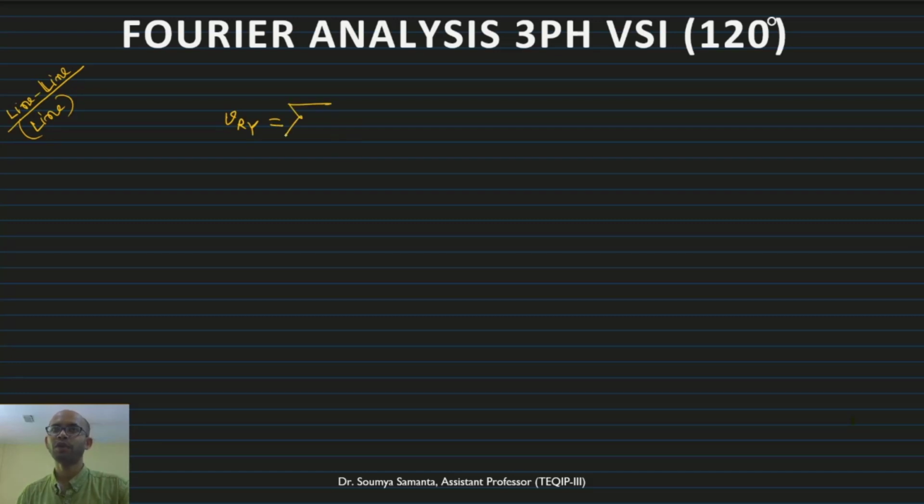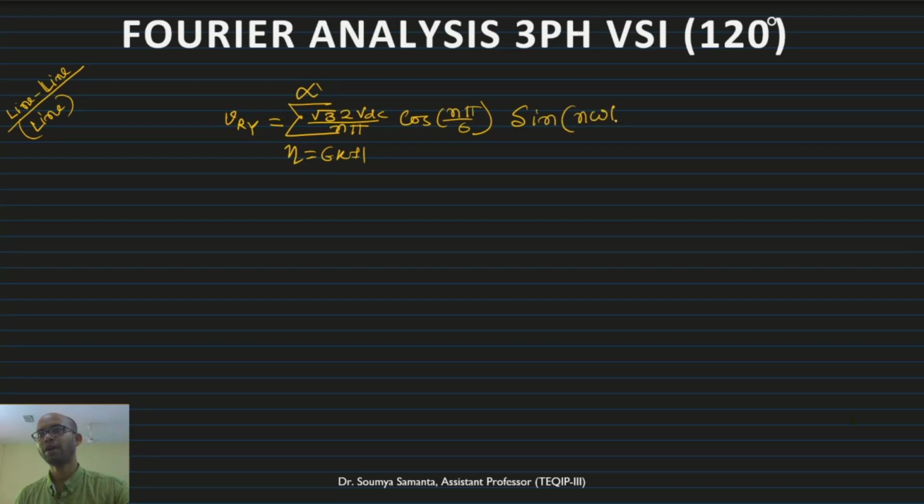We have the phase voltage expression, so we just multiply by √3 into 2 VDC by n pi, cosine of n pi by 6, with n equals 6k plus minus 1 to infinity, and sine of n omega t plus pi by 6 and again plus pi by 6.